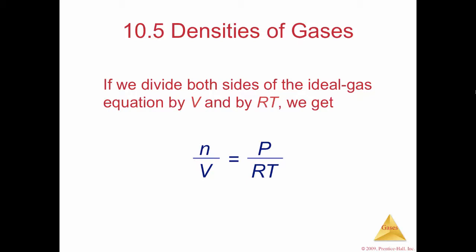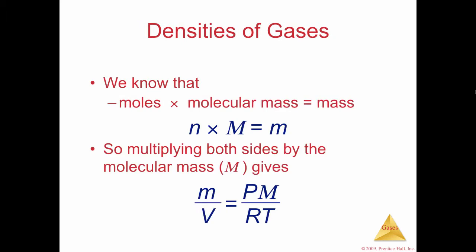10.5 Densities of gases. If we divide both sides of the ideal gas equation by volume and the constant R and T, we get this adaptation of PV equals nRT. We know that moles times molecular mass equals mass, or moles times grams per mole would equal grams.